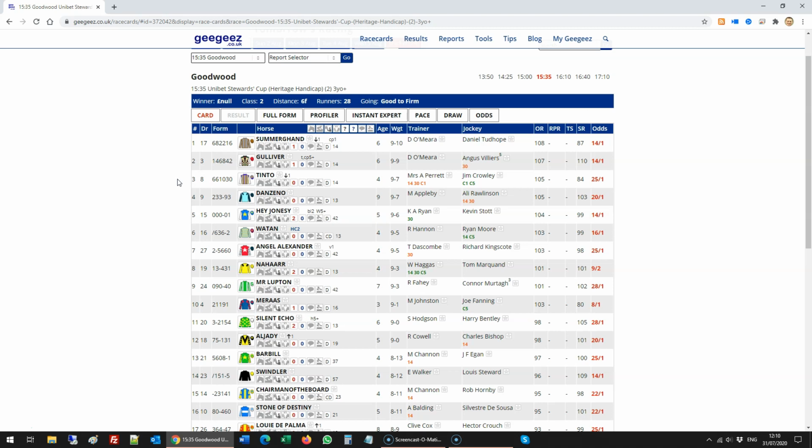But also, importantly, the amount of colour on the page I felt was detracting from certain important elements, like the horse silks, the names of the horses, and also the numbers in the angle boxes.